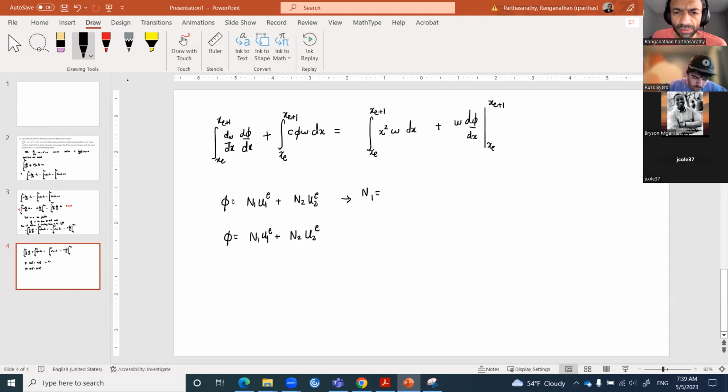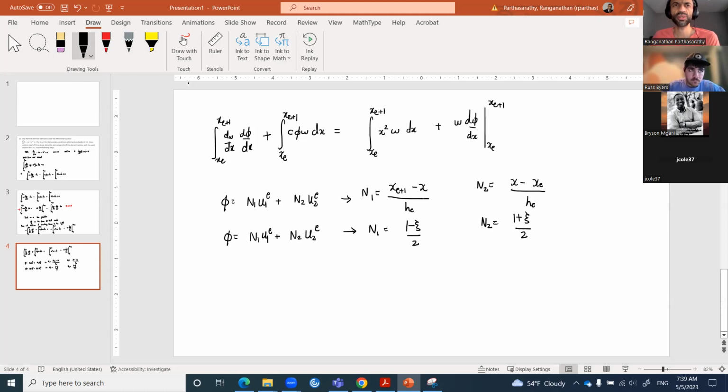N1 in real coordinate space is (x_e+1 minus x) by h_e, and N2 is (x minus x_e) by h. And in natural coordinate space, N1 is (1 minus psi) by 2, and N2 is (1 plus psi) by 2, right?